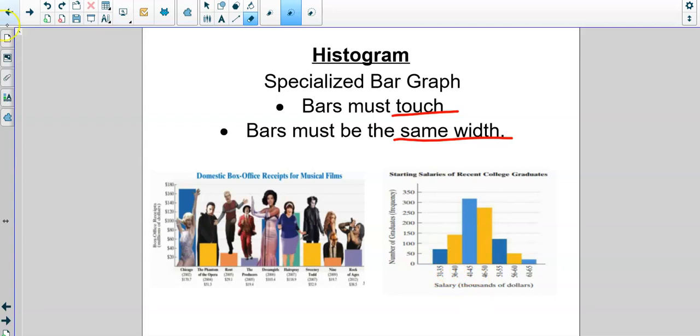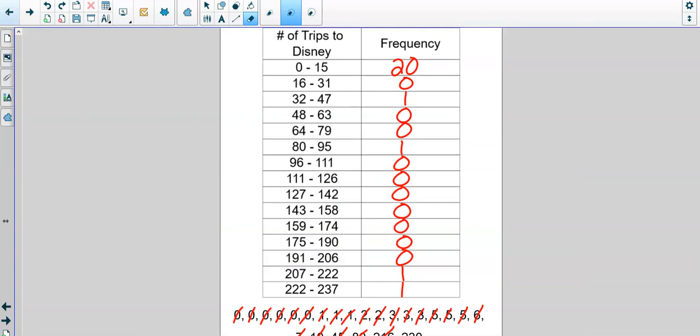If you go back to my frequency table over here, all of these classes are 16 numbers apart. 0, 1, 2, 3, 4, 5, 6, 7, 8, 9, 10, 11, 12, 13, 14, 15. I counted out 16 numbers.